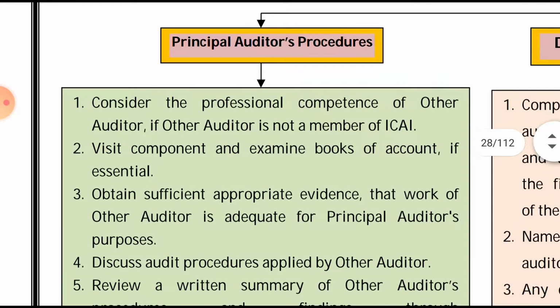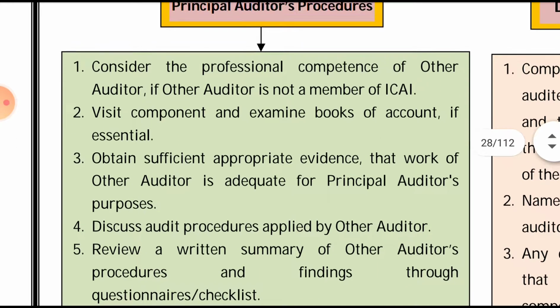First, the principal auditor should consider the professional competency of the other auditor if the other auditor is not a member of the ICAI. Second, visit the component and examine the books of accounts if essential.